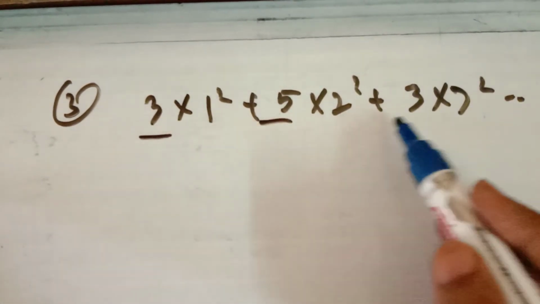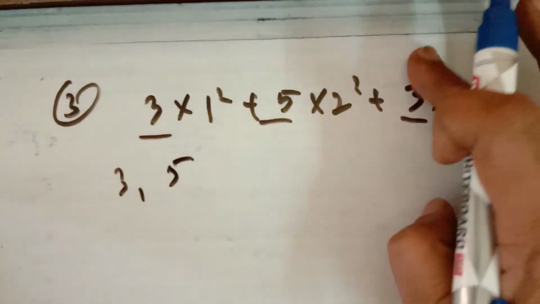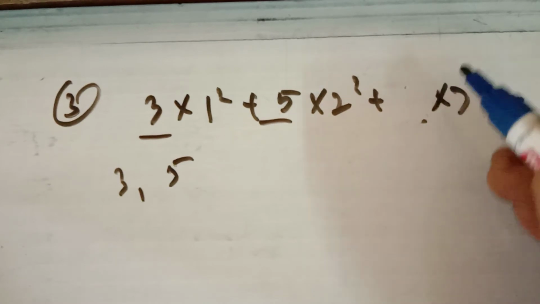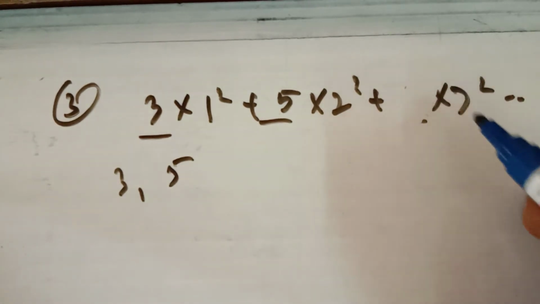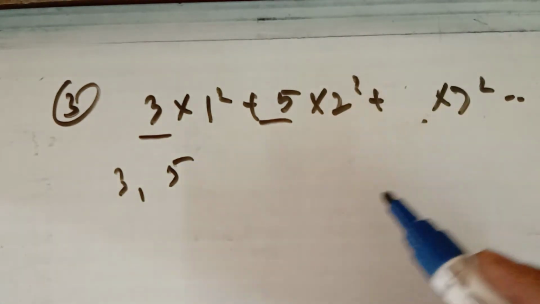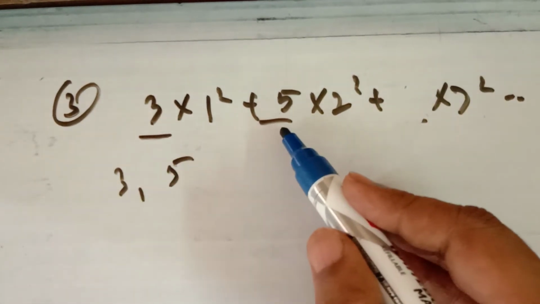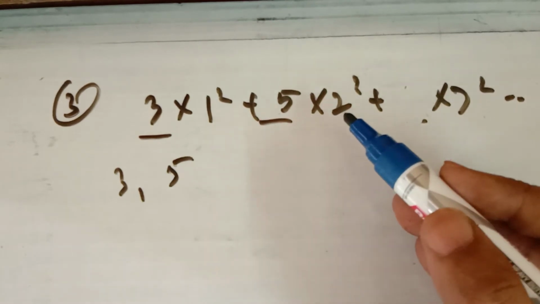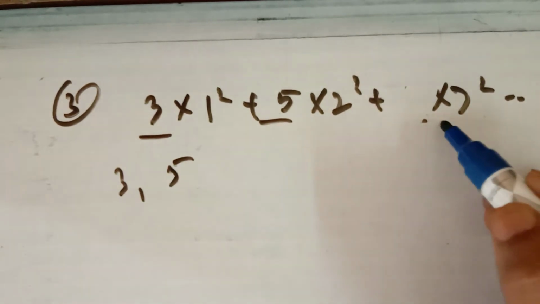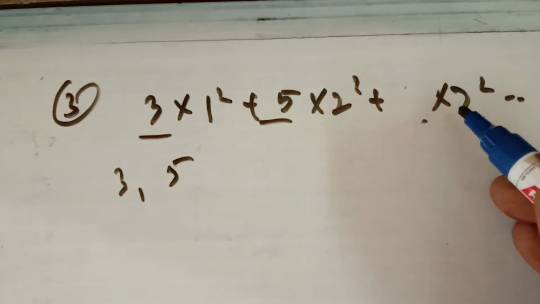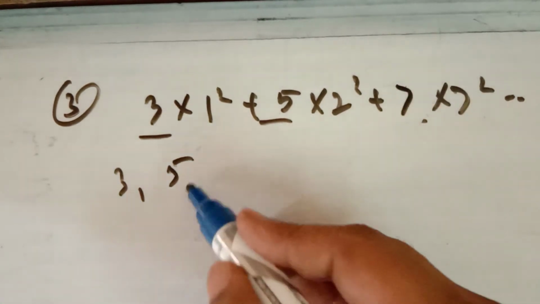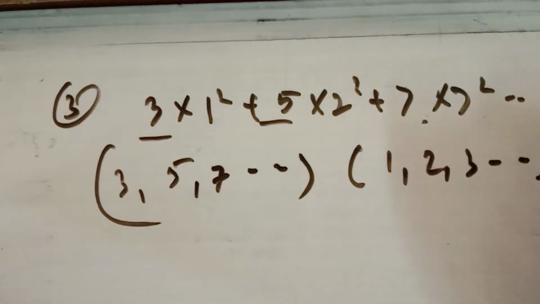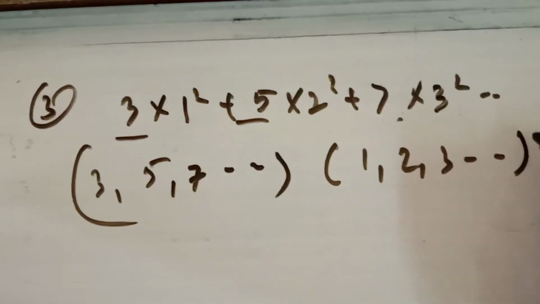So if you see it carefully, the terms are 1 into 3 into 1 square, then 5 into 2 square, then 3, 5, 7 into 7 square. So it is coming like this. One is this, and 1, 2, 3 and so on, this will be 3 square here. This is a square term.